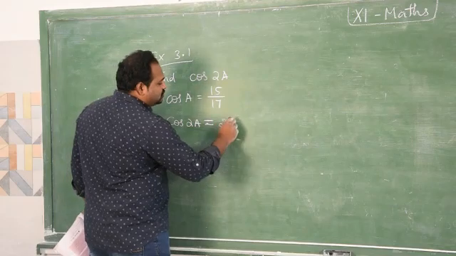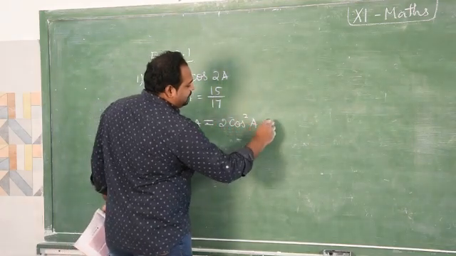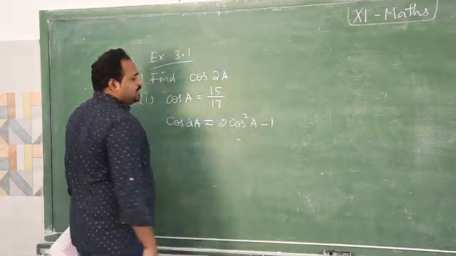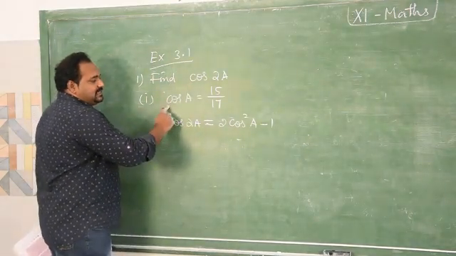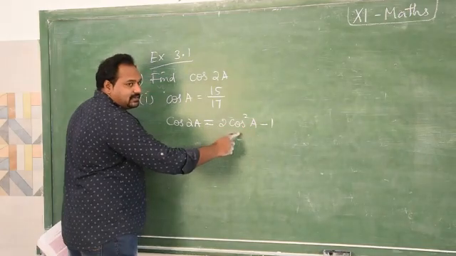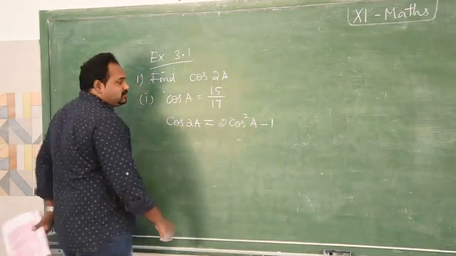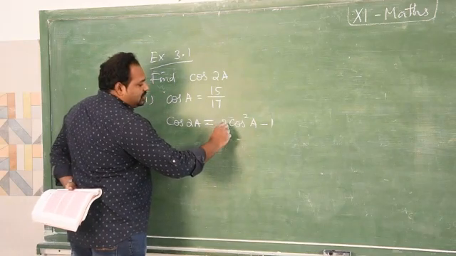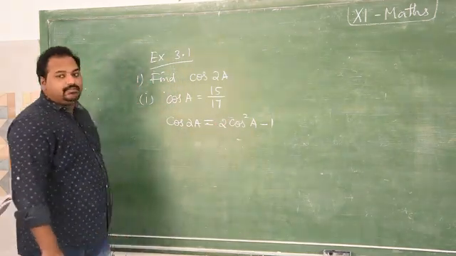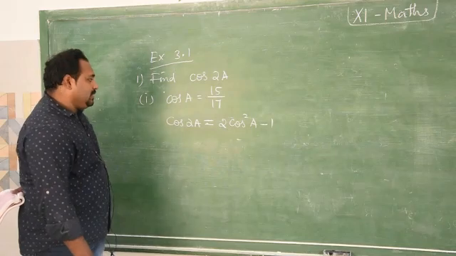The formula is 2 cos square A minus 1. So I am going to use this identity because we have been given cos A, so we can apply the cos A value here. So we have to think which identity is supposed to be used in the problem.